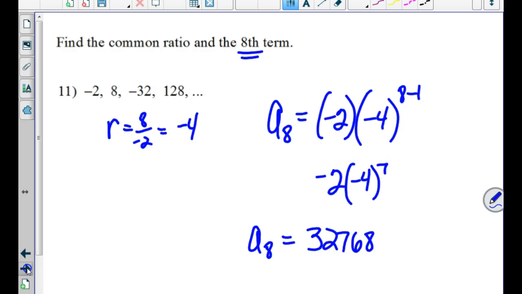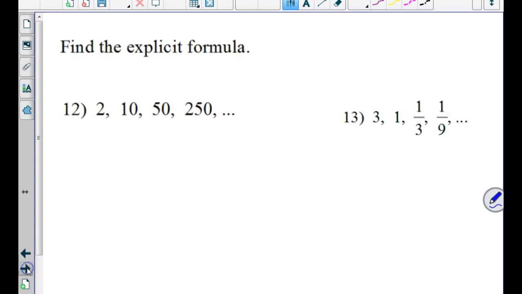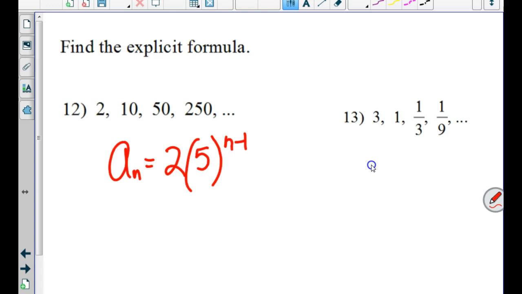Is Keaton the only one gone? Okay. Write the explicit formula. Somebody else got this one?